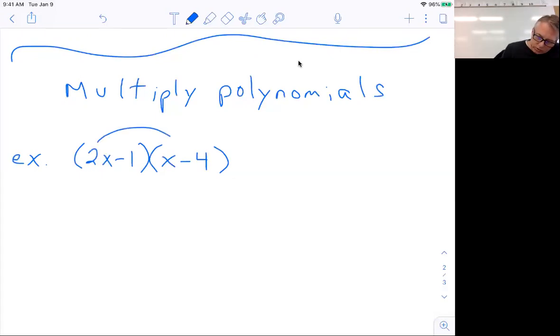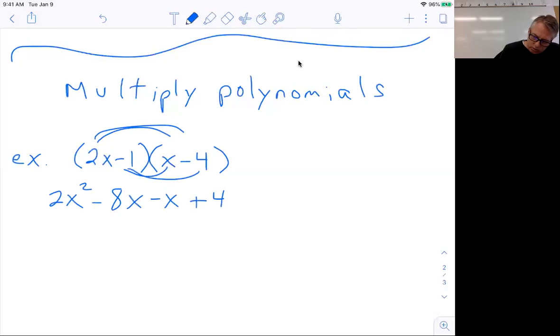So we get 2x squared, and I'm going to do that kind of quick because we've done a bunch of these, minus 8x minus x plus 4, or 2x squared minus 9x plus 4.